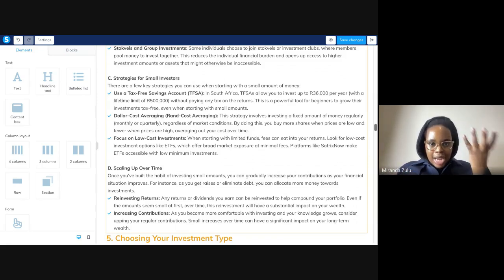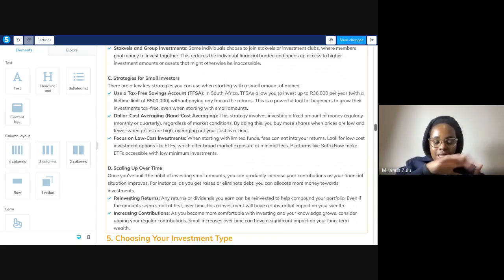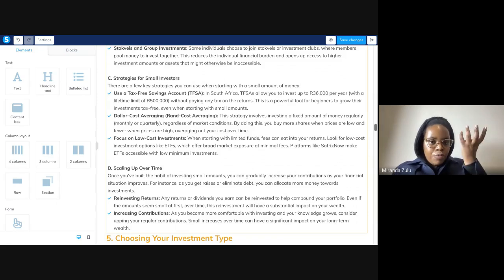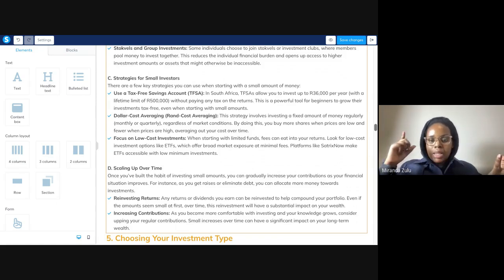For me, it's like a diluted type of performance, because if Sasol's up, something else is going to be down, something else is going to be up, and the overall effect on my investment will look very different if I owned the basket of 40 shares as opposed to just owning the one share.